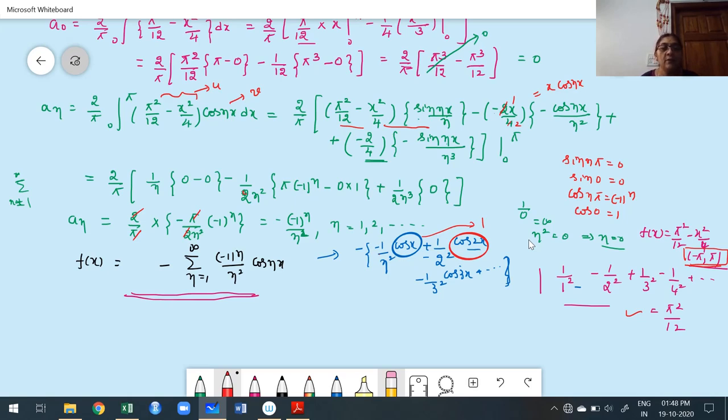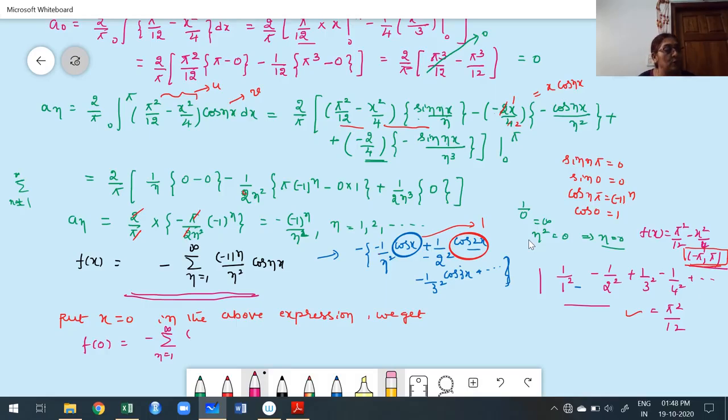Okay. Now we are going to put x is equal to 0 in the above expression. In the above expression we get f of 0 equals minus summation n ranging from 1 to infinity of minus 1 to the power of n.